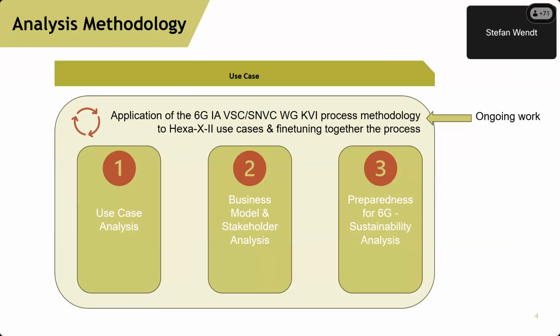And the whole work, which is ongoing, will be integrated: we apply this as the KVI process methodology coming from the SNVC working group from 6G. So that's currently ongoing, and we will see how this fits all together.